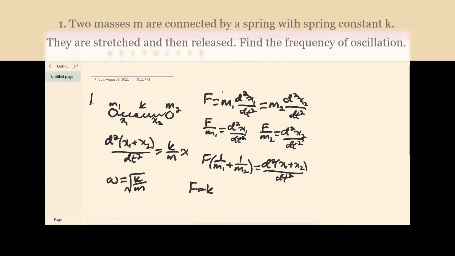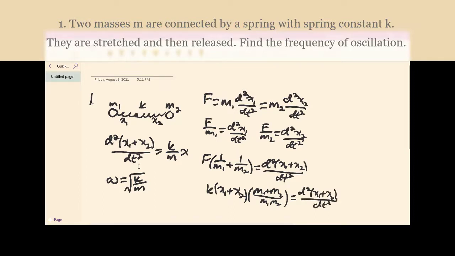In this case, it would be the length of the entire spring, x1 plus x2. So then we have k(x1 plus x2) times (m1 plus m2) over m1 m2 is equal to d squared (x1 plus x2) over dt squared as before.